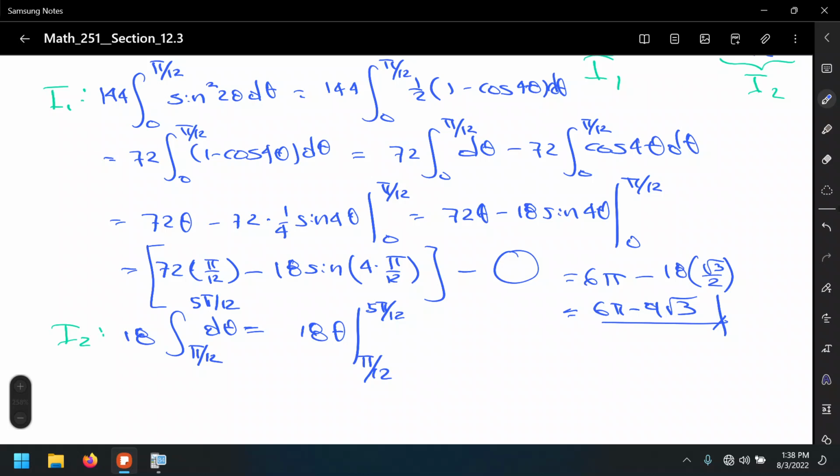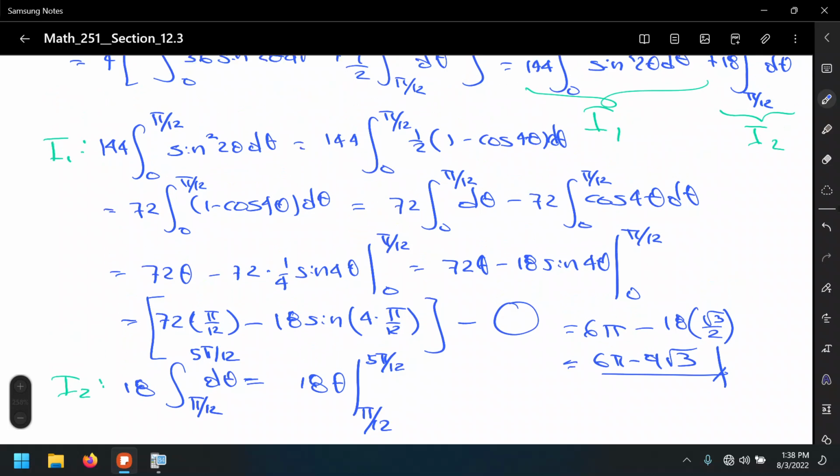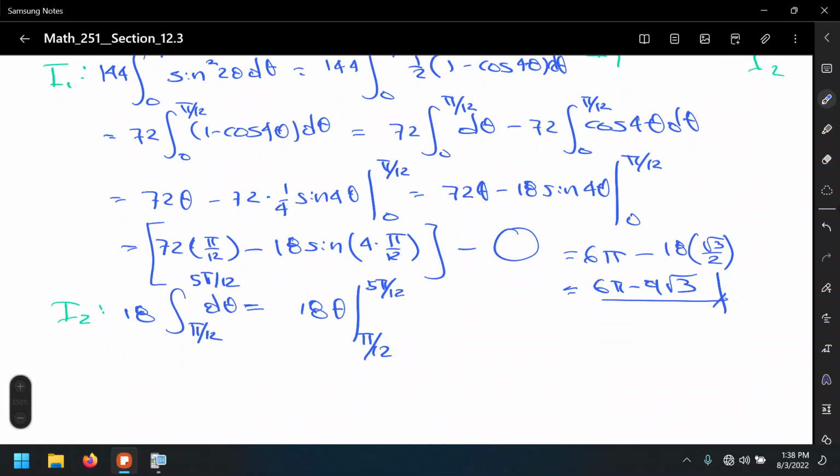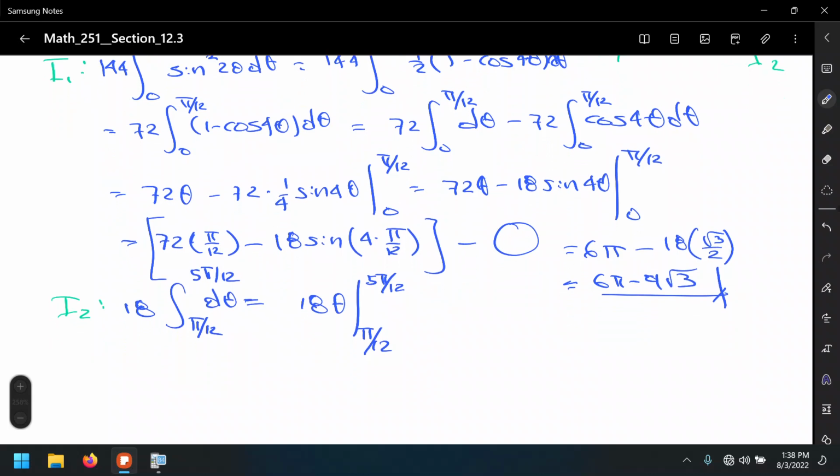And I split it into two separate integrals because the limits of integration are different. Had we had the same limits of integration for all integrals, we could have everything in one single expression.